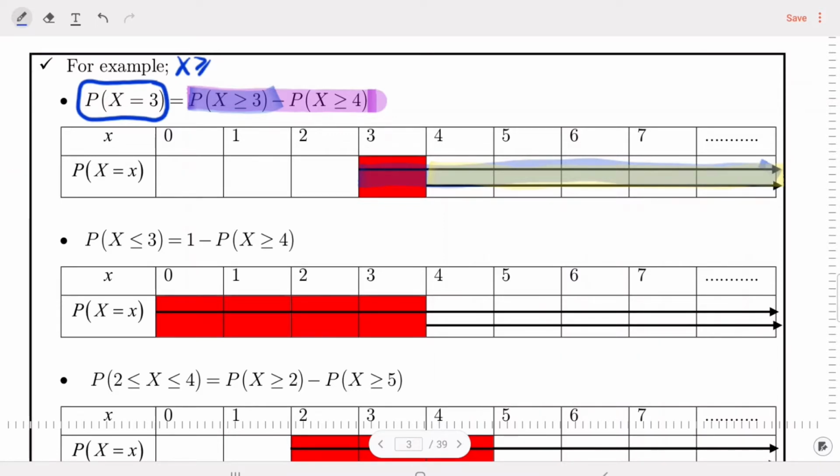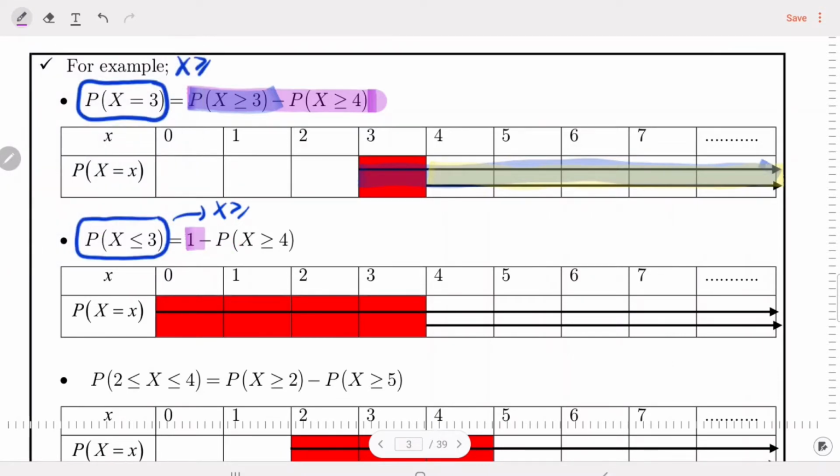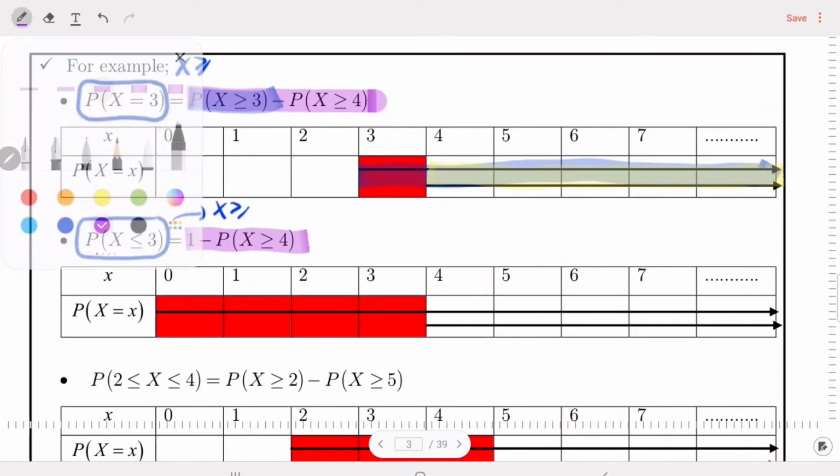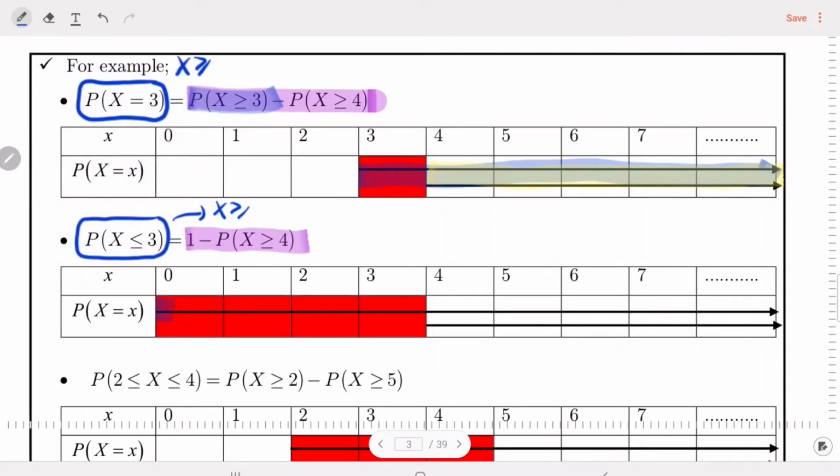The same thing goes for when we would like to find the probability for X ≤ 3. So we need to change it into X greater than or equal. It's going to be 1 minus P(X ≥ 4). This is because 1 means the total probability from X = 0 until infinity.